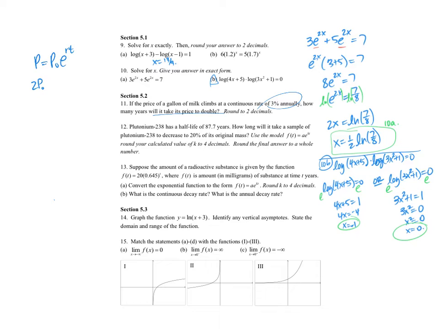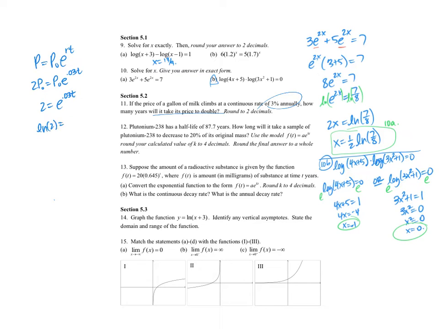So 2P naught equals P naught e to the 0.03 T, since 3% is 0.03, and we want to solve that for T. The first thing I can do is divide both sides by P naught. The P naughts divide out, so 2 equals e to the 0.03 T. Now I can take the natural log of both sides.